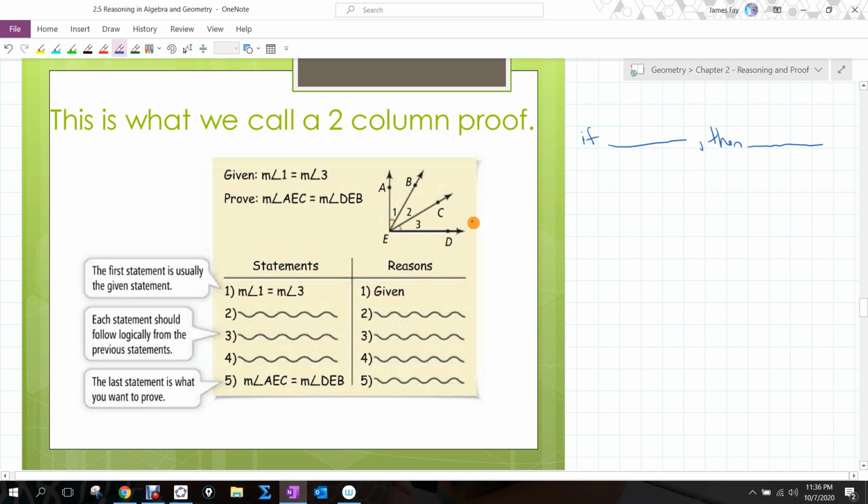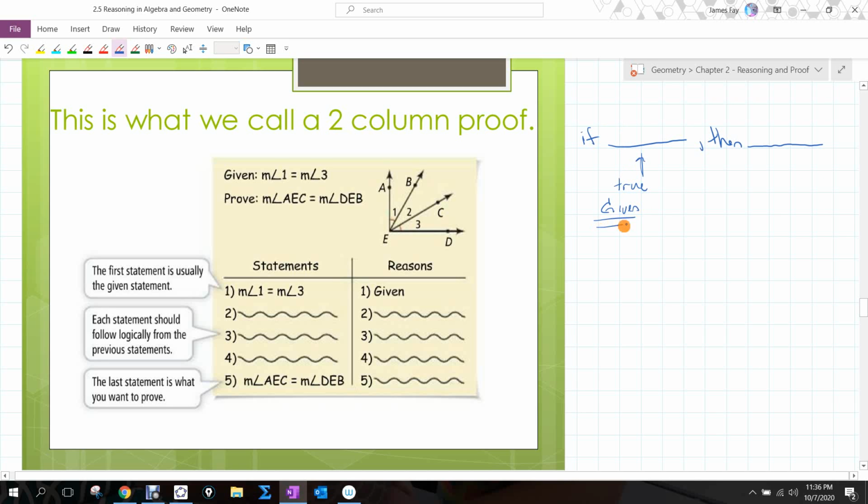So the if part is, if we're going to prove this statement, we're usually always proving the conclusion. We're going to make an assumption that this is true. This if part is what we have in front of us. We call that given information.